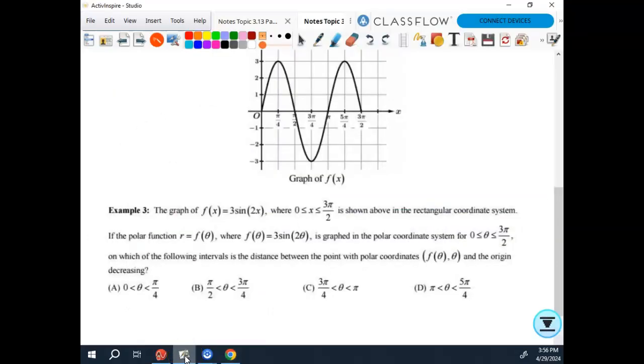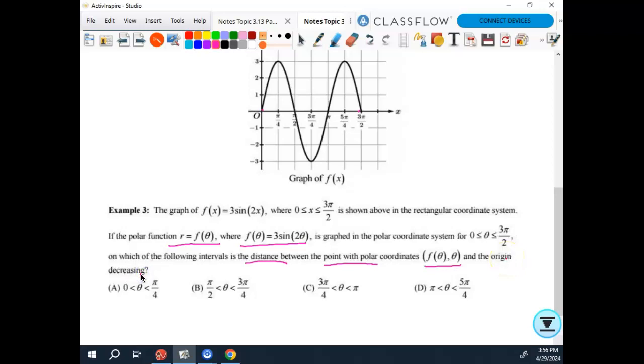All right, now let's look at example 3. I have 3 sine of 2x shown above in the regular coordinate system. If the polar function r equals f of theta is graphed in the polar coordinate system for 0 to 3 pi halves, which of the following intervals is the distance between the point with polar coordinates, so basically my polar graph, and the origin decreasing?